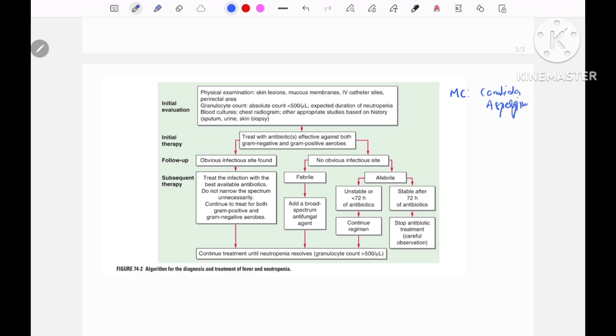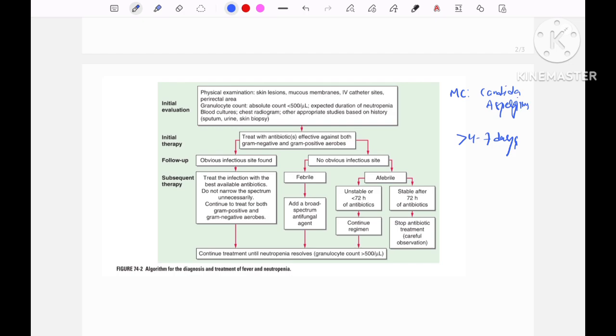These are the two most common fungal organisms. So we add antifungal agents if the patient is febrile for more than 4 to 7 days and is not resolving.